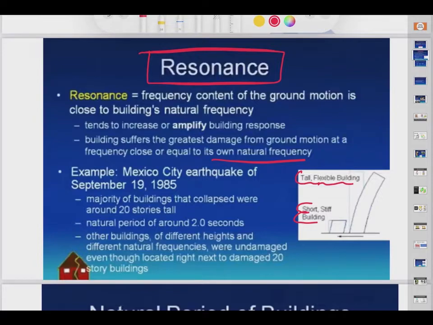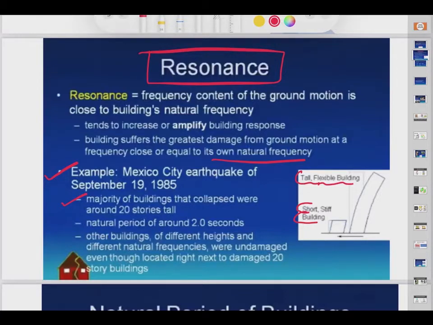Okay. So if we take up an earthquake in history, that is the Mexico City earthquake of September 19, 1985, in that case the majority of the buildings that collapsed were around 20 stories tall. Now why?